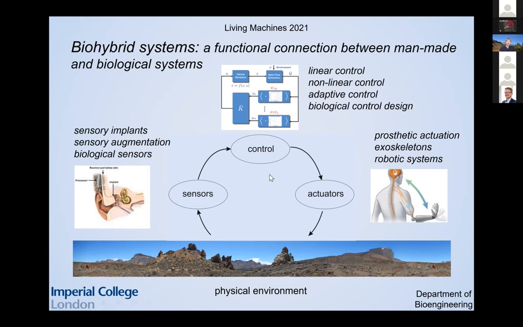And again, to get back to the point I made earlier, the major point that needs to be achieved for any biological system is using sensor information and using that information to control some actuators. And the way it's done is through the control mechanisms that link sensors to actuators. And this can be highly complex, or it can be very straightforward.